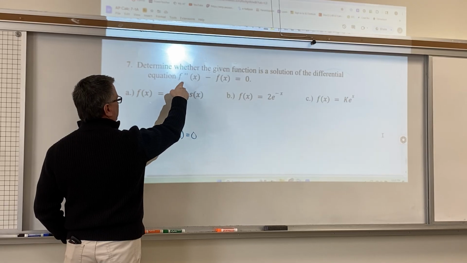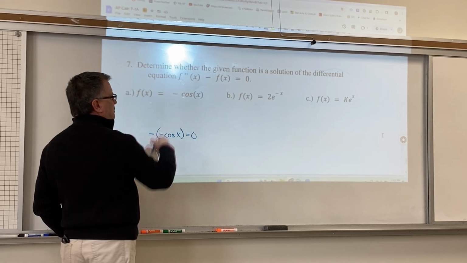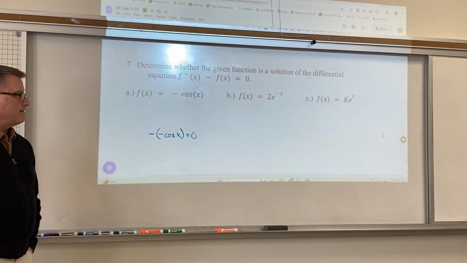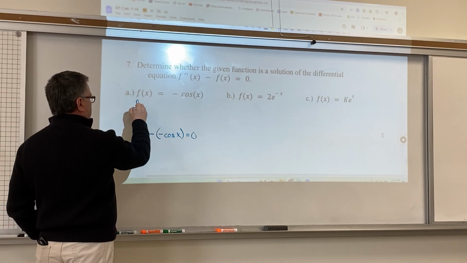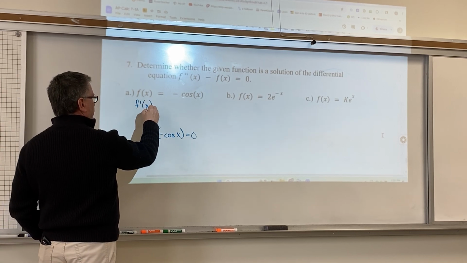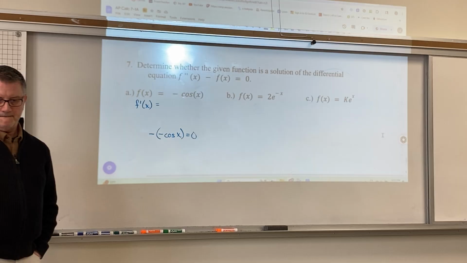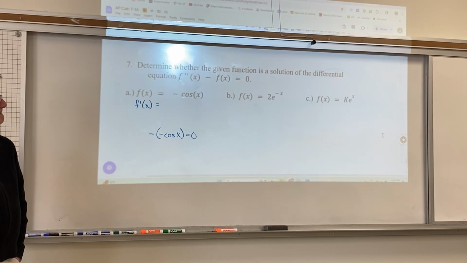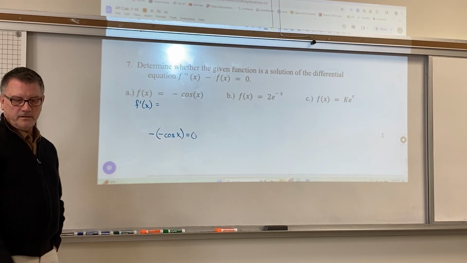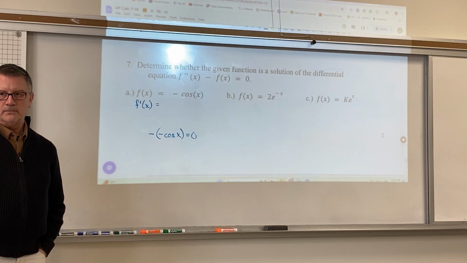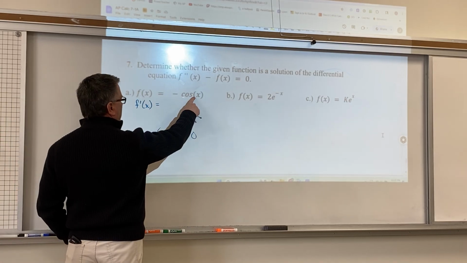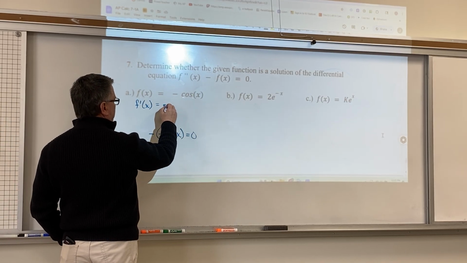I'm going to have to figure out the second derivative of whatever f of x is, right? What's the first derivative? Minus sine, because it's going to be minus sine with a minus in front of sine.